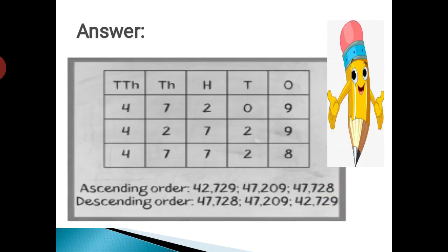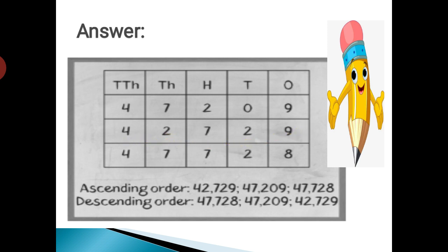First, for comparing, we have arranged all these numbers in the correct places. From this, you can clearly see that we start comparing from the highest place. If I talk about arranging numbers in ascending order, the smallest one is this one, because here it is 42,000.